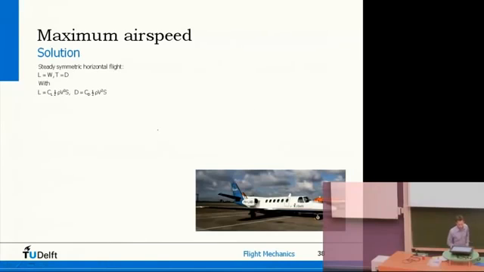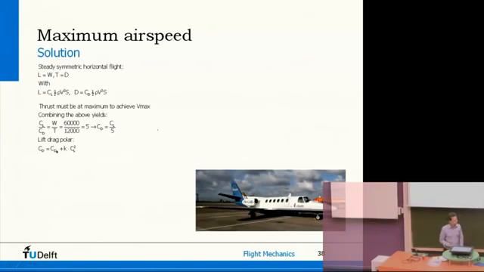It works as follows. You always have to state what's happening, so this is how you would write it down in an exam. What's happening at maximum airspeed? Lift equal to weight, thrust equal to drag, and we have relations for lift and drag. I don't know if it's readable from the back, but we know thrust is equal to drag, which is CD over CL times the weight.